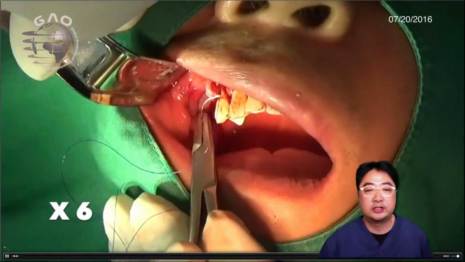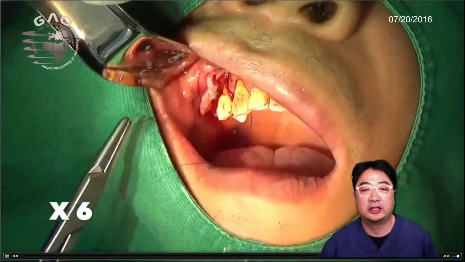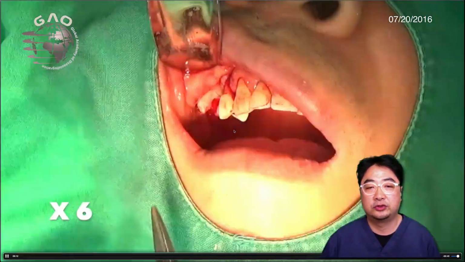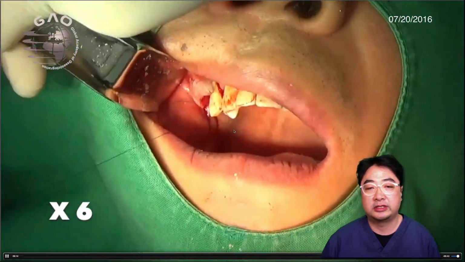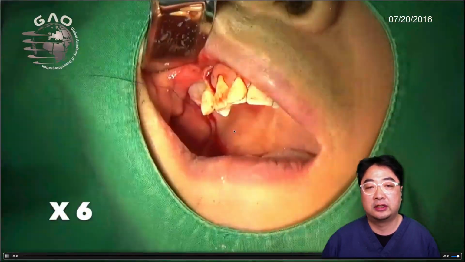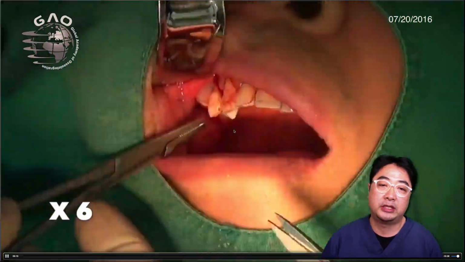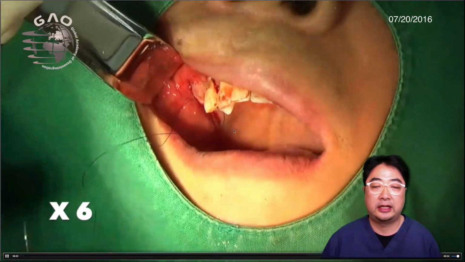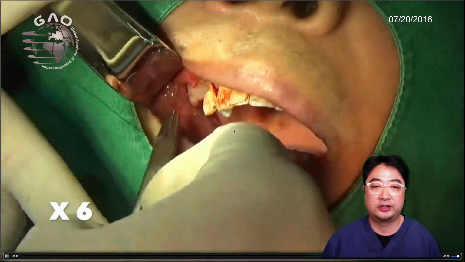Once I finished the graft and covered with the PRF membrane, I started closure with suturing. I use simple interrupted sutures and horizontal mattress sutures. This is edited 6 times faster.